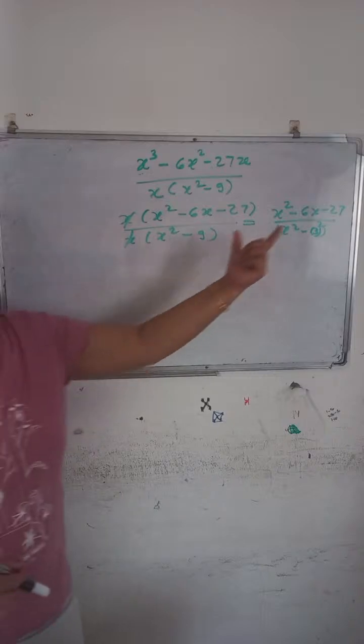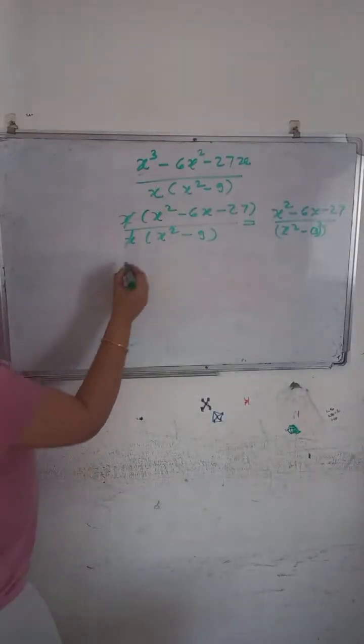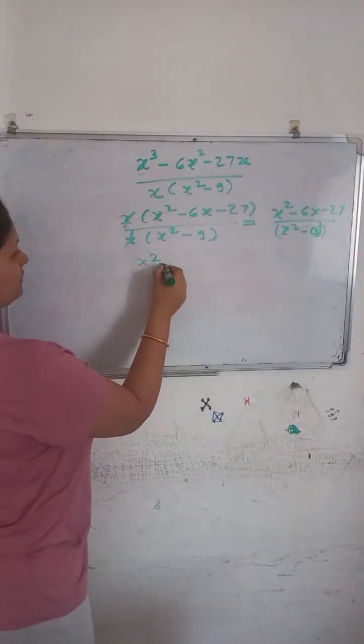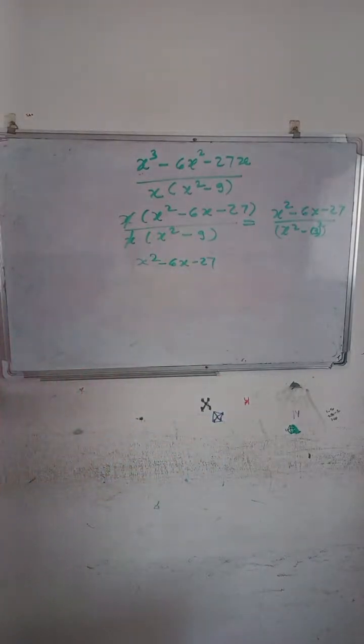First, we can focus on x square minus 6x minus 27. Write down here first x square minus 6x minus 27. Yesterday also I explained with the standard equation how to compare, how to find the coefficients and what multiplies to what, so that we can split the middle term. One more time I will explain.